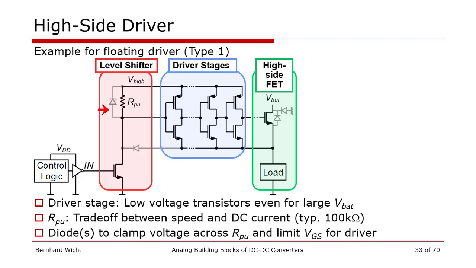The second point to consider is we want to make sure that the voltage here at the gate doesn't go too much down so that we exceed the max ratings of the gate source voltage here at the driver input, and that can be ensured by these clamping diodes, either a Zener diode here or also very nice this diode here between the ground and the switching node and the drain of this transistor.